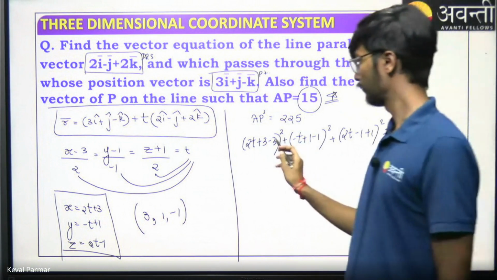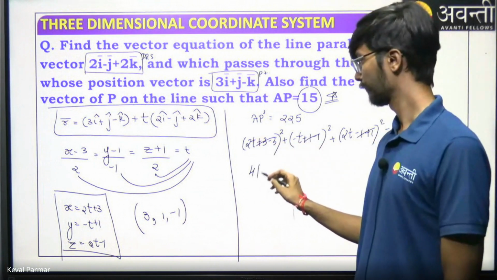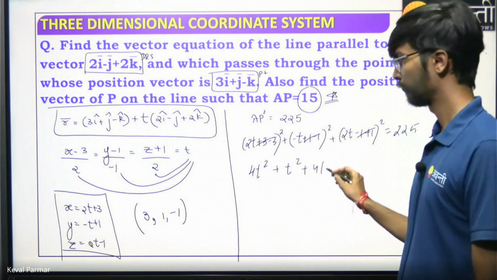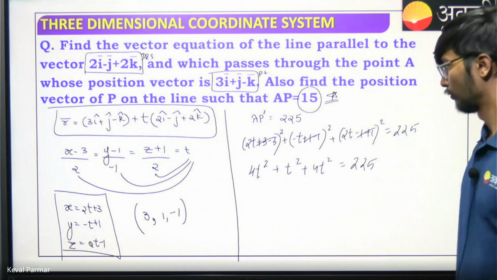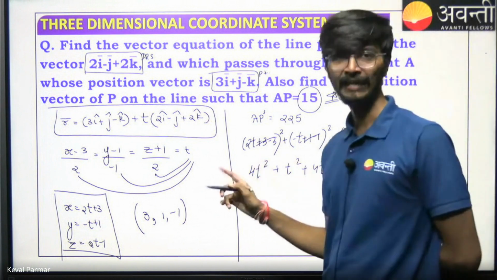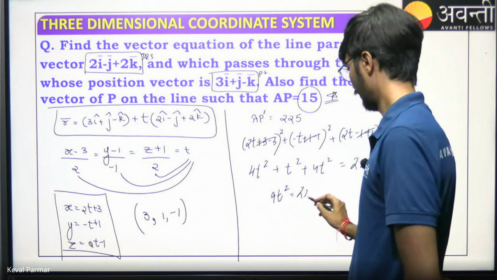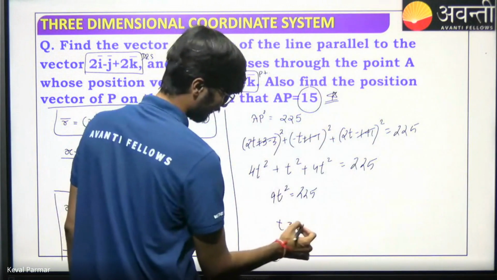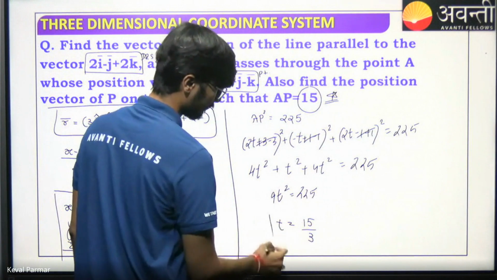I think this all will get cancelled. I'll get 4t square plus t square plus 4t square is equal to 225. So 4 plus 4, 8 plus 1, 9. So 9t square is equal to 225. Let me move this side now. I think t is 15 upon 3.